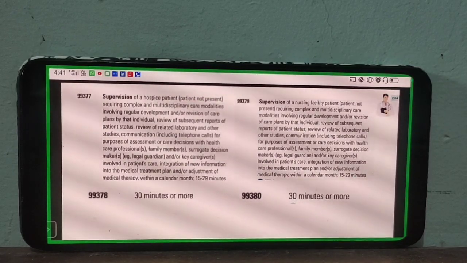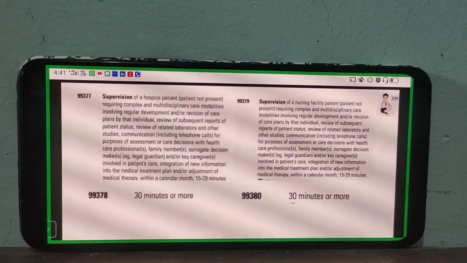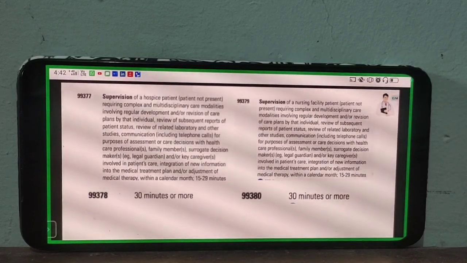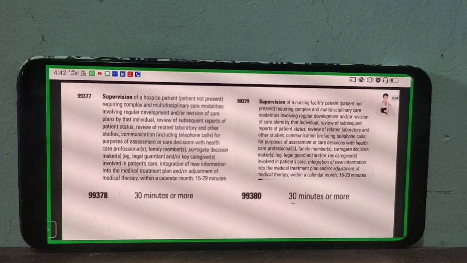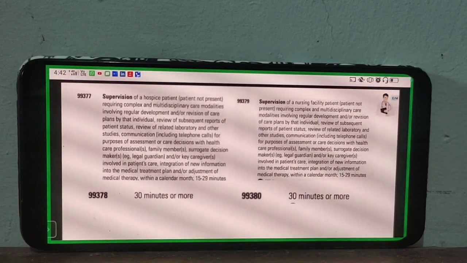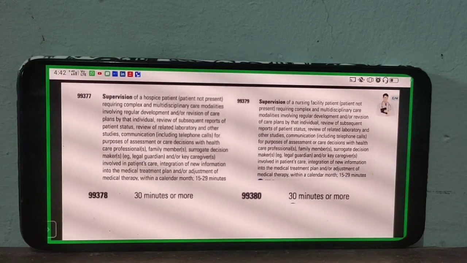After a few days, they will be discharged from that facility and the patient comes to the home again. That's it. So for supervision of nursing facility, go for 99379 for 15 to 29 minutes, and 30 or more means go for 99380.